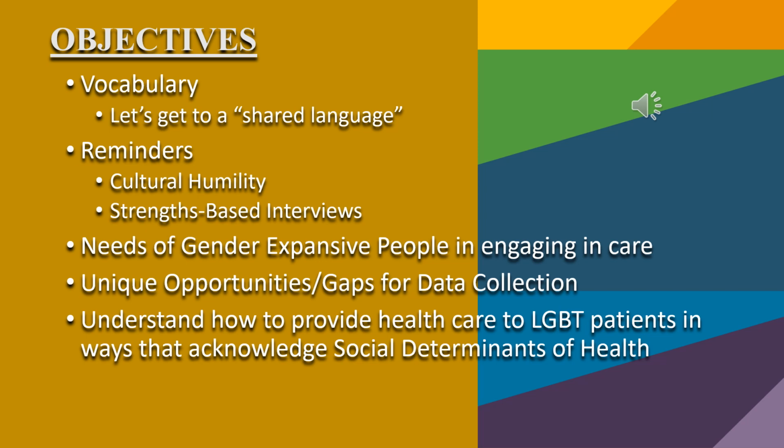We also will need to look for the needs of gender expansive people in engaging in care. I will also address the unique opportunities and the gaps for data collection so that we can become better providers. And then we also want to understand how to provide healthcare to LGBT patients in ways that acknowledge the social determinants of health.